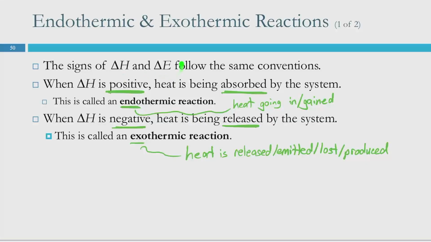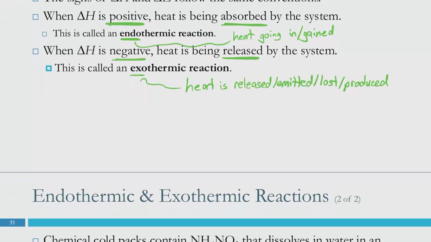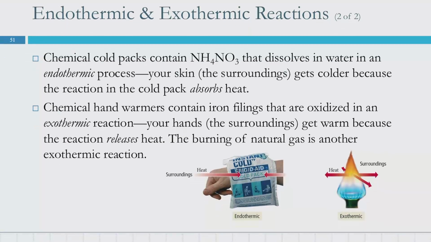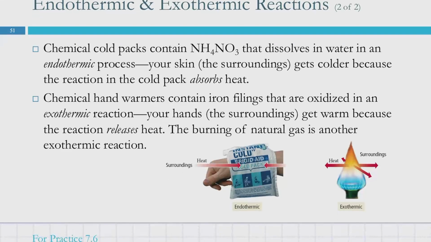So same thing that we were doing for delta E, our change in internal energy. Endothermic and exothermic still apply. Chemical cold packs typically contain ammonium nitrate. When that dissolves in water, it's an endothermic process. The way these ions get pulled apart requires a lot of energy to be put in.